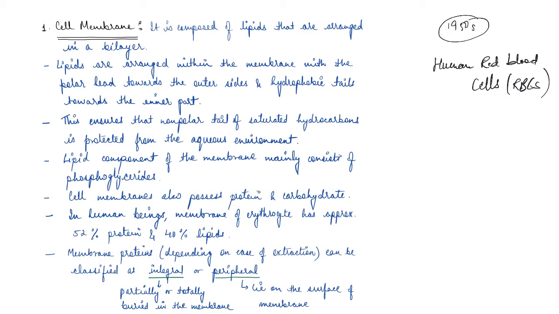This basically enabled scientists to understand the structure of the plasma membrane, or the cell membrane. These studies showed that the cell membrane is composed of lipids, which are arranged in a bilayer, right?